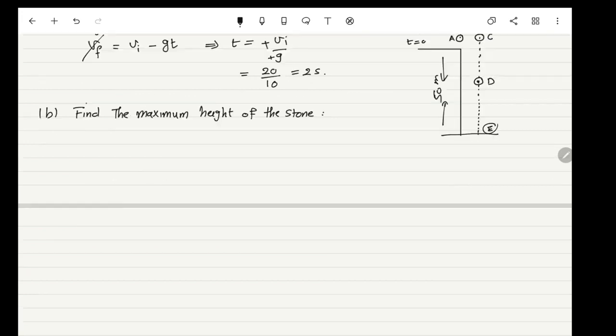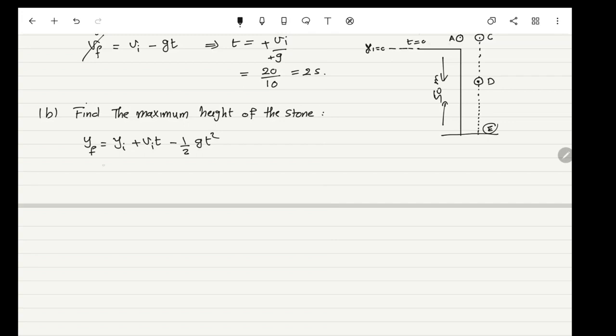What is the maximum height of the stone? Let's use this equation: Y final equals Y initial plus V initial T minus half G T squared. Before continuing, we have to set up the reference point. Let's set the reference point as the top of the building, so Y initial equals 0. This is the reference point.